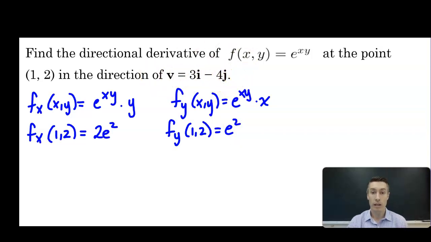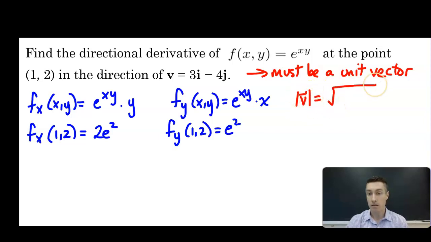Next, we need to look at the direction vector. And if we remember, it must be a unit vector, which if we look at the vector 3i minus 4j, pretty quickly we can see that that is not a unit vector. The magnitude of that vector is the square root of 3 squared plus negative 4 squared.